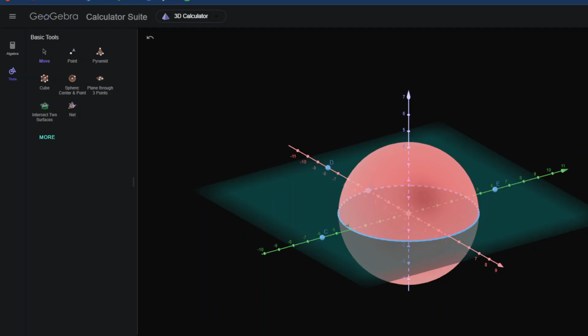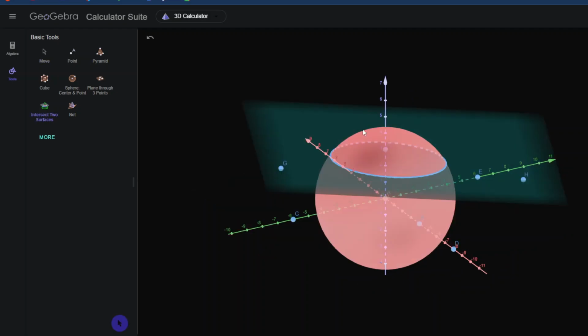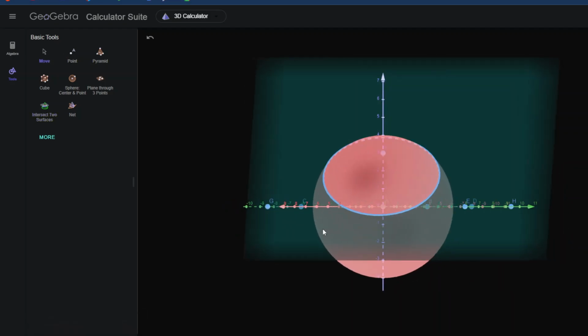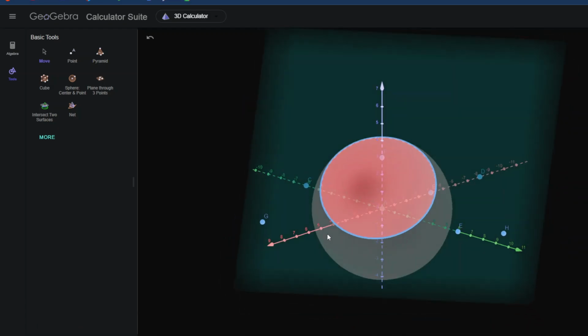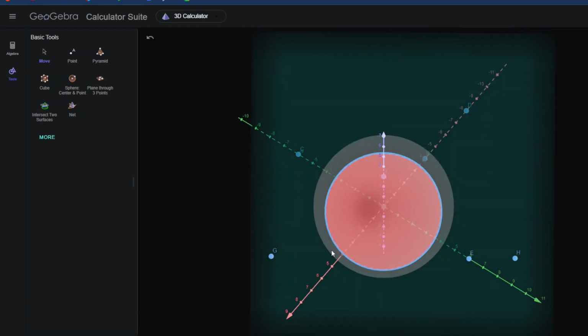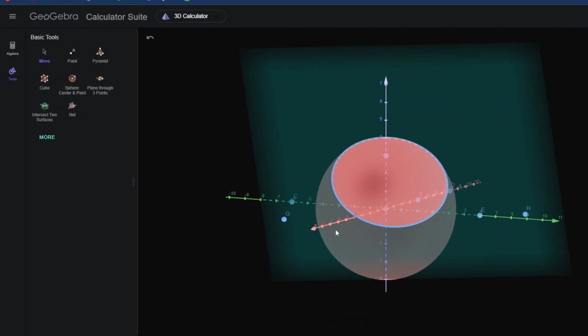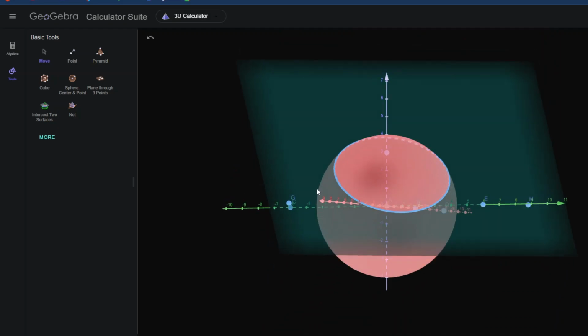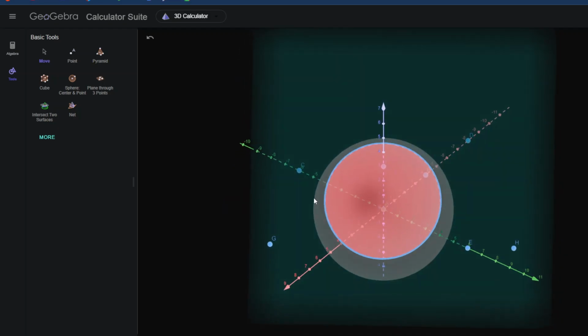Okay, so for example, I just deleted that plane and I made a new cross section here. I don't think I got it perfectly straight, but it's the idea that's important, right? The radius of this cross section is different than the radius of the bottom cross section, the centered cross section we were looking at.